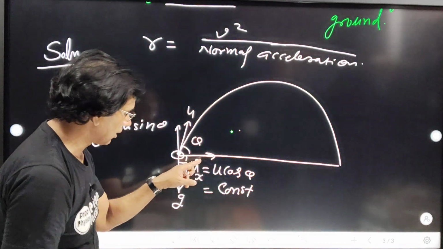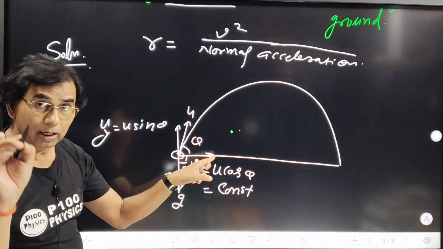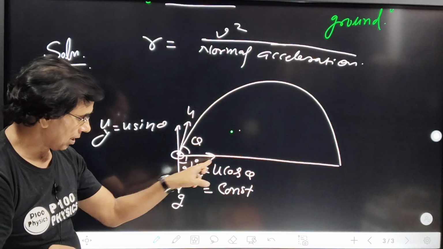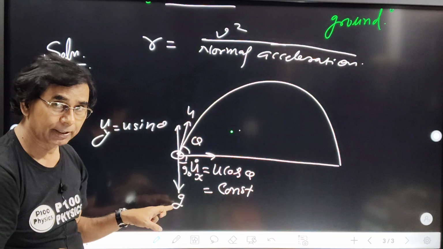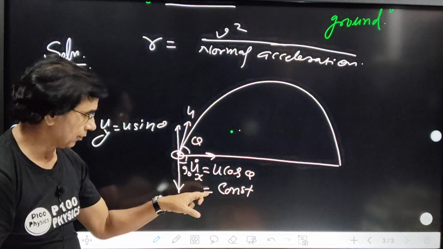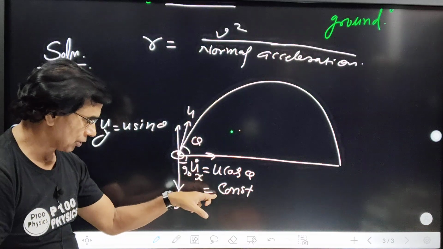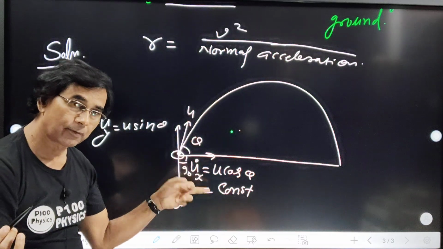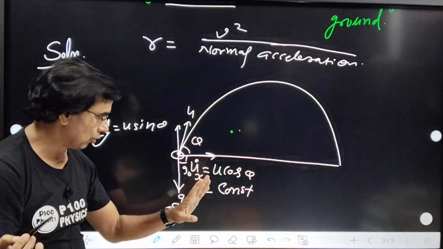Since the angle between the velocity and the acceleration is 90 degrees, this will be constant forever. There will be no change.